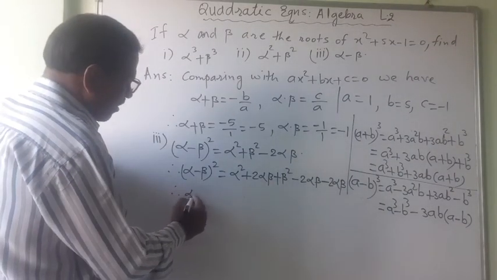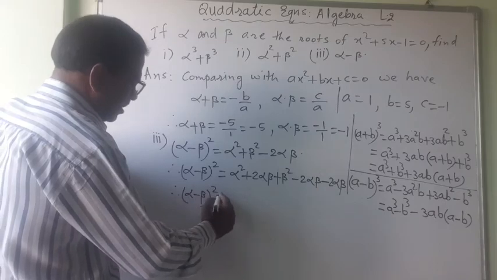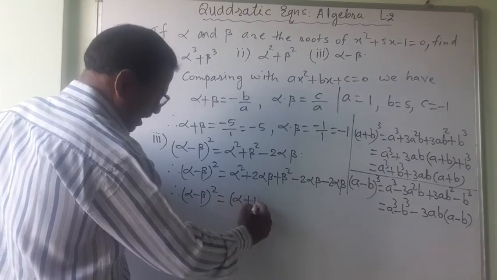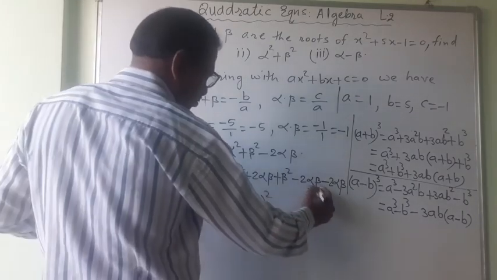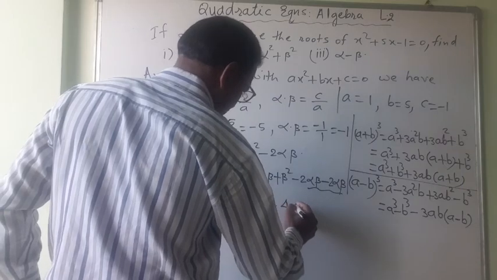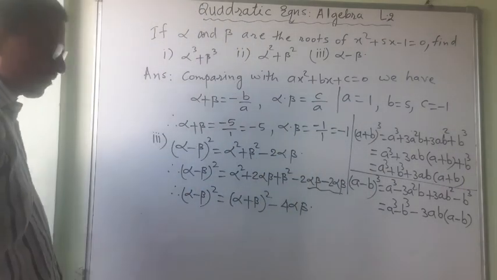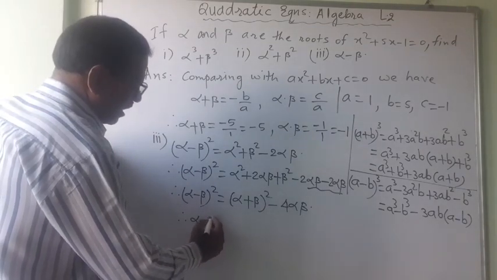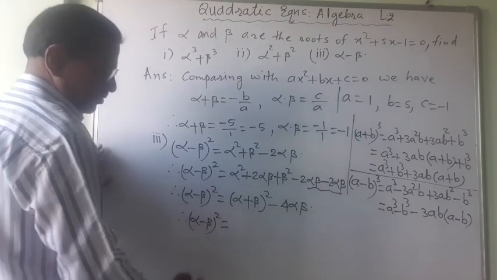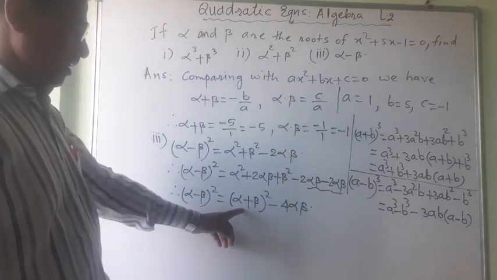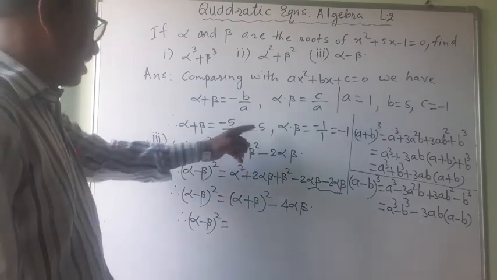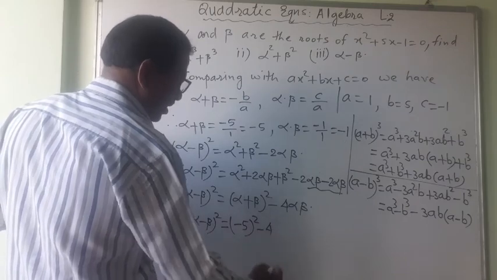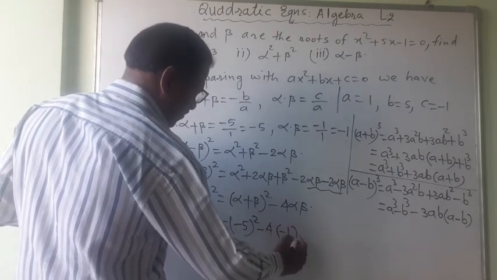Therefore, alpha minus beta bracket square is equal to this will become alpha plus beta bracket square. And these two together will come minus 4 alpha beta. Now you have all the values, put those values. Therefore, alpha minus beta bracket square is equal to alpha plus beta, what is that? Minus 5. So minus 5 square minus 4 into alpha into beta, which is minus 1.